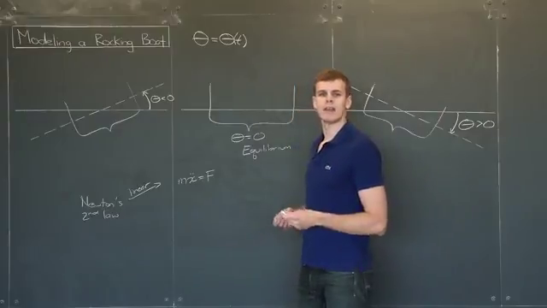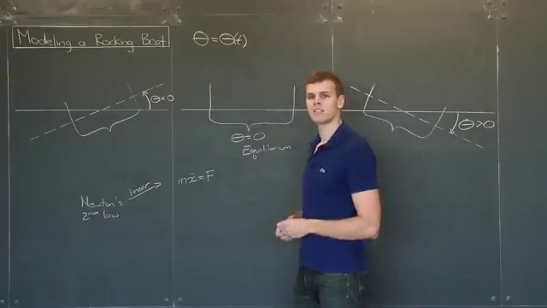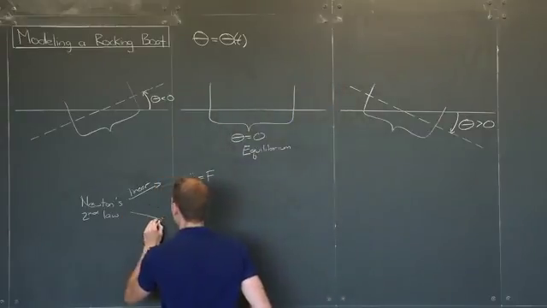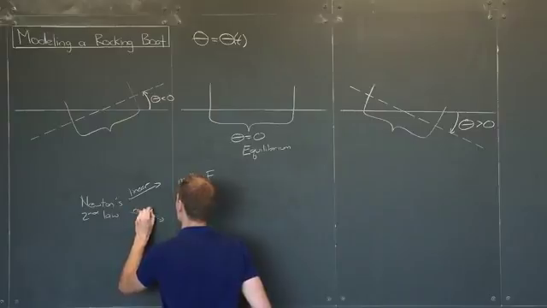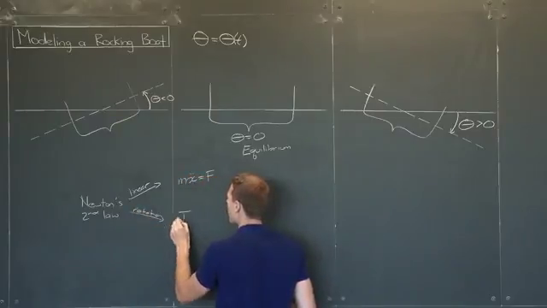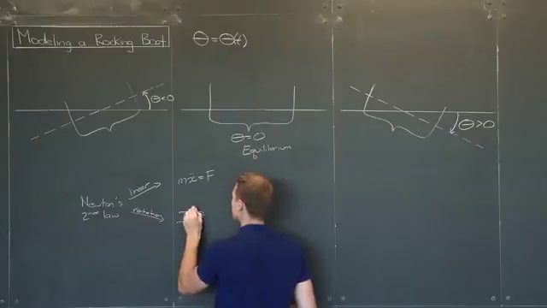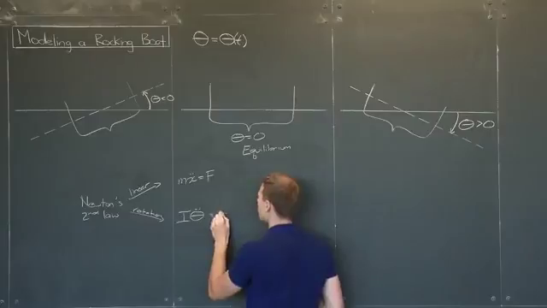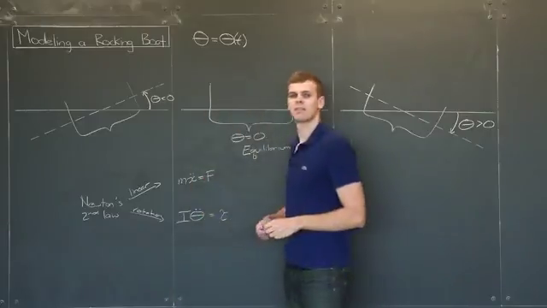However, we are interested in the rotational motion of the boat, and so we need to use the rotational form of Newton's second law. This states that the moment of inertia, I, times the angular acceleration, theta double dot, of an object is equal to the torque, tau, applied to that object.